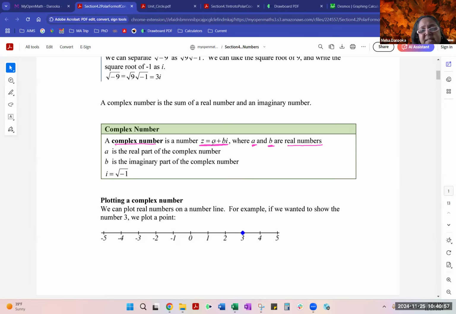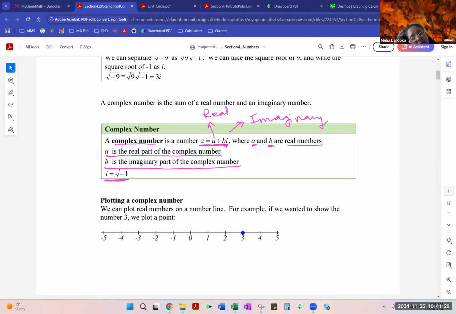But a is by itself, so that definitely becomes the real part of the complex number, and b times i, because there's an i on the b value, becomes the imaginary part, because b has the i multiplied into it, right? It's bi. So a is the real part, bi is the imaginary part.